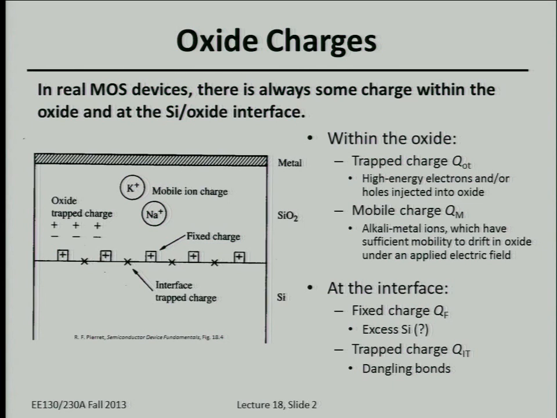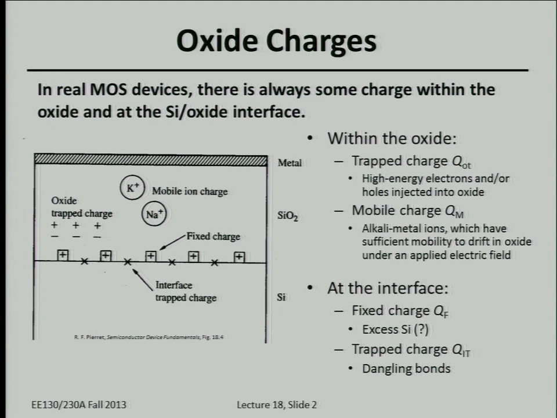Okay, so the first thing that's non-ideal about an MOS device is that there is always going to be some electronic charge somewhere within the oxide. And historically, the reason why MOS transistors were demonstrated well after the concept was invented is because of oxide charges. An MOS transistor, compared to a bipolar junction transistor, needs an insulating material on the surface of the semiconductor.